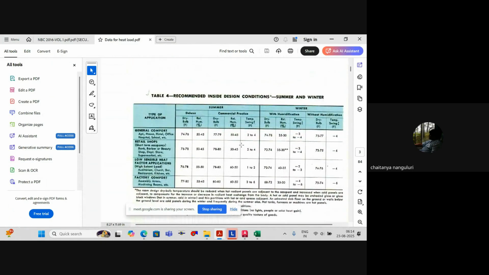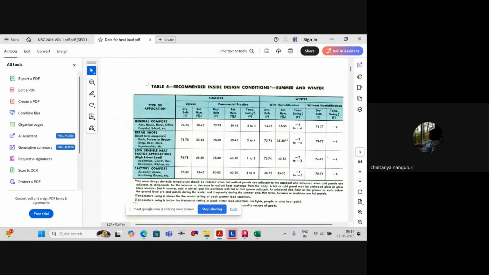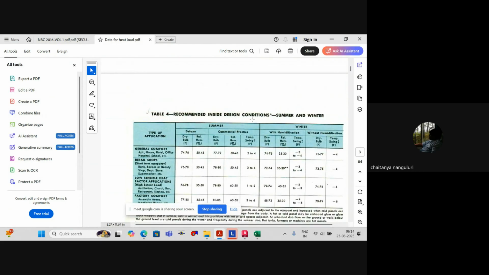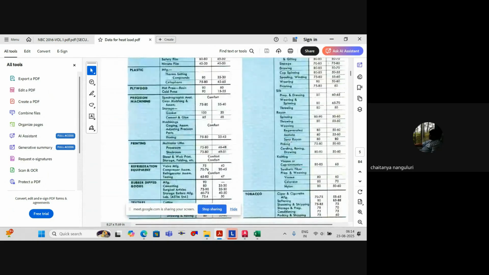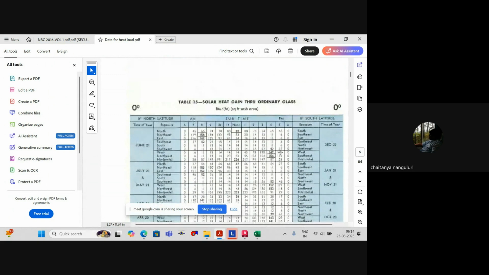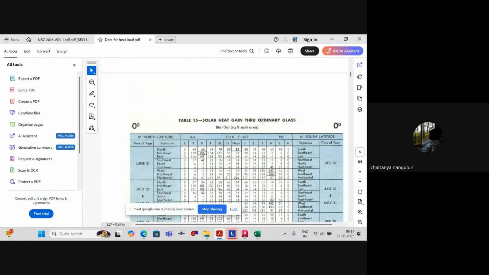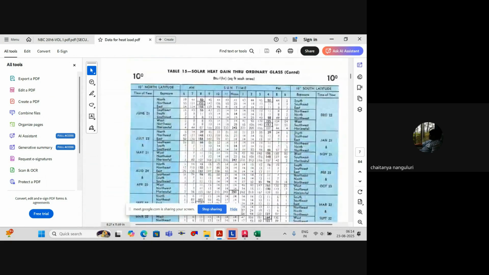We have to go to a particular page. Yeah, so this is latitude and all that, we'll understand it again.